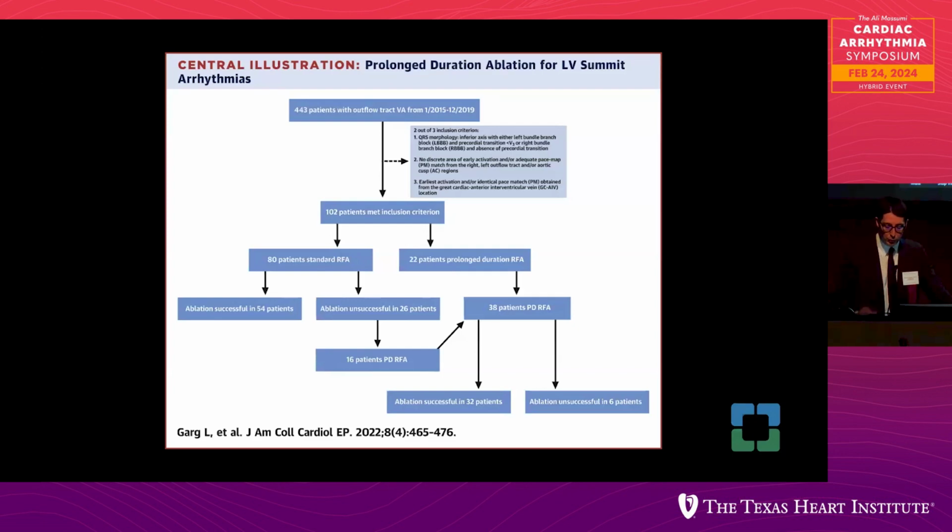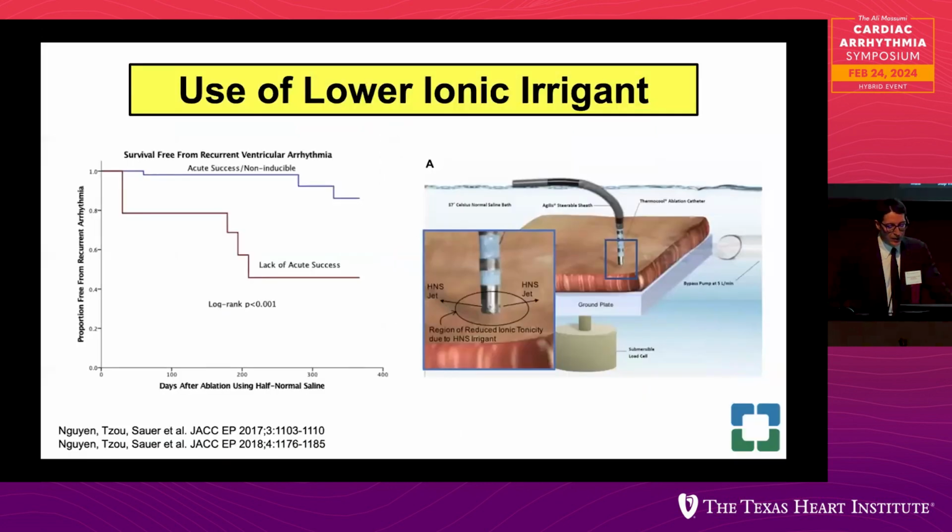If you prolong it up to 120 seconds, and so 2 minutes to 3 minutes, you tend to have higher success. Again, I think this needs to be corroborated by more animal studies, because we don't really understand how the lesion grows after 3 minutes. It's never been tested, and so we don't clearly know how safe or how effective that is.